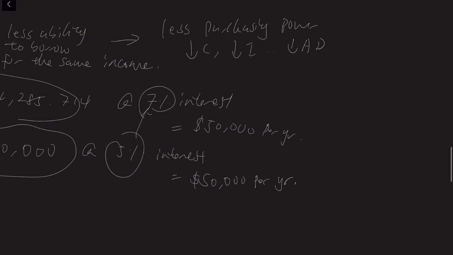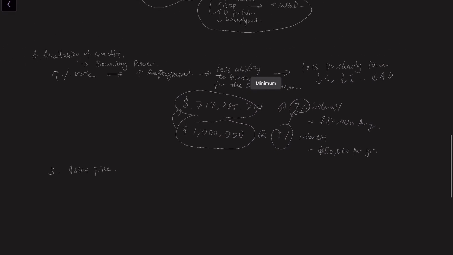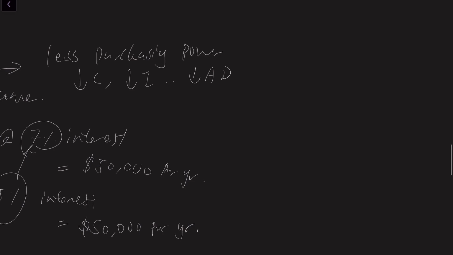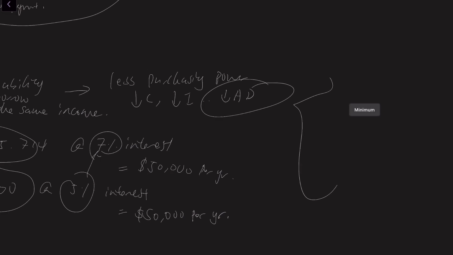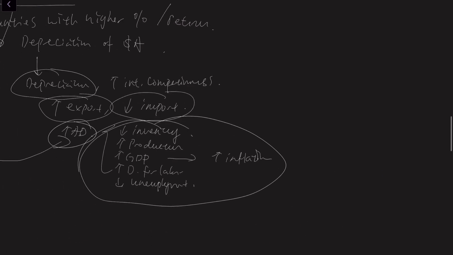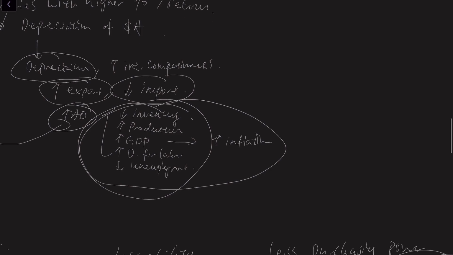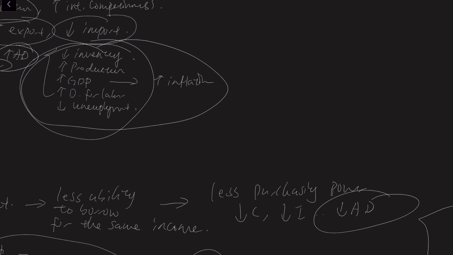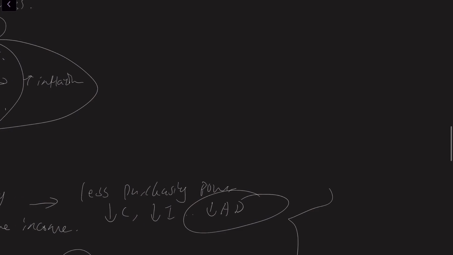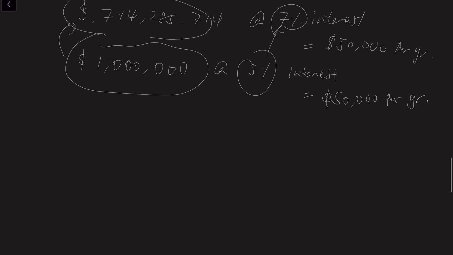And once you have linked the availability of credit to aggregate demand, then everything is the same. So you just copy this part. You have more inventory, you have less production, you have less GDP. Less GDP means less demand for labor, higher unemployment, thus lower inflation. So it all becomes very straightforward.